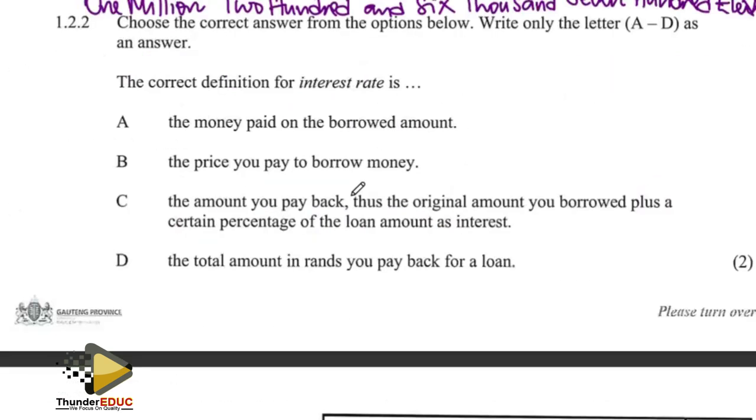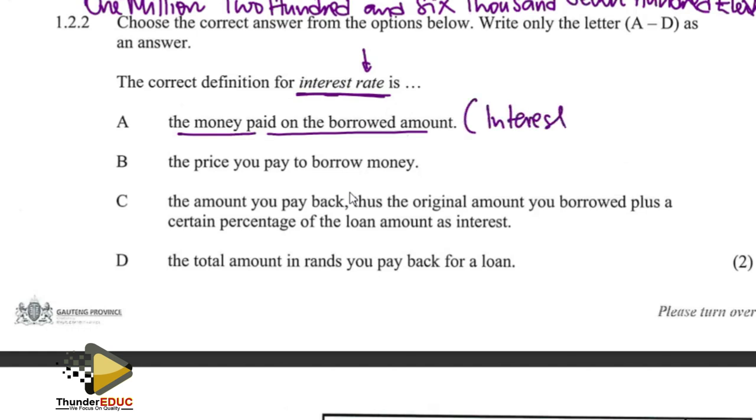All right. Choose the correct answer from the options below. Write only the letter A to D as an answer. The correct definition of interest rate is the money paid on the borrowed amount. Interest rate. Remember, this in A, this would have called it what?